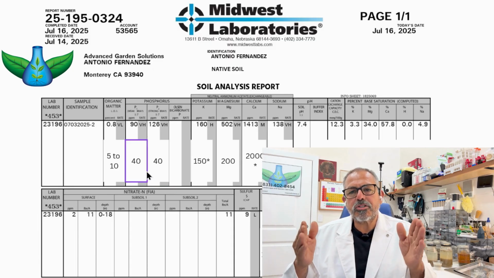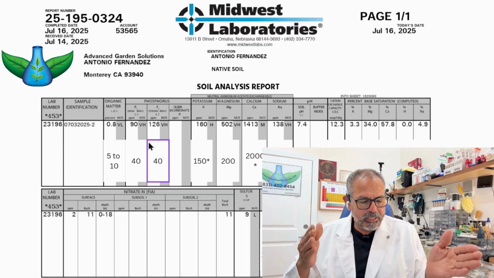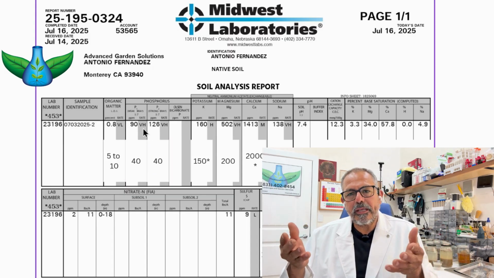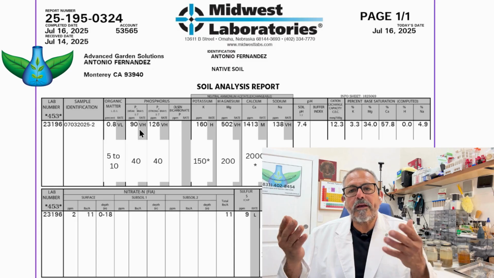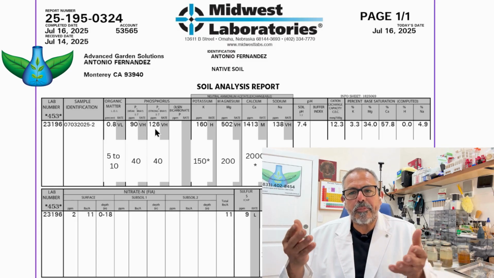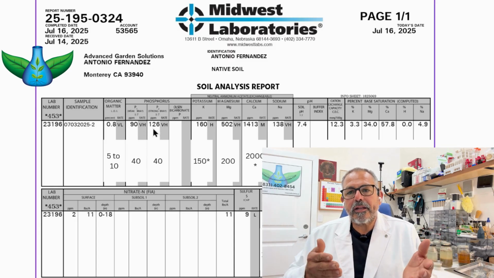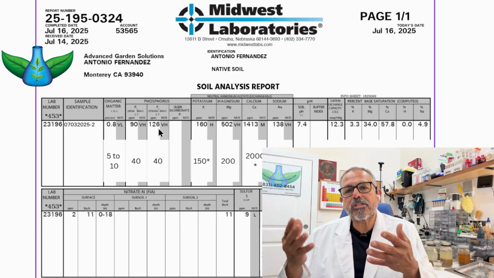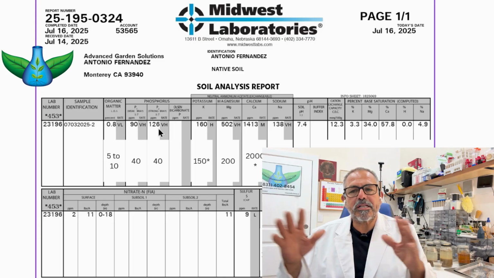The ideal level should be around 40 parts per million. However, in this sample, we have 90 parts per million in the weak Bray test and 126 parts per million in the strong Bray test, which is extremely high.